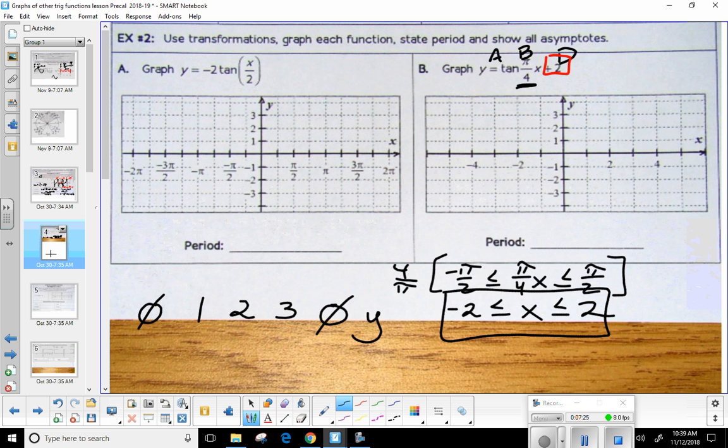Now, this compound inequality that I started with, those are going to help me with my x's. How do I pair these up? Okay, the lower boundary always goes with the first critical, so I'm going to put negative 2 here. The upper boundary always goes with the last one, so I'm going to put 2 right here. So that takes care of that. Okay, but how do I figure out, again, what I'm going to add?